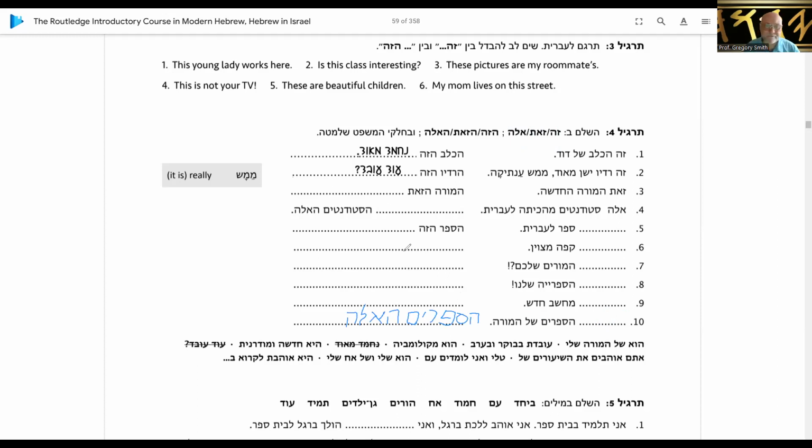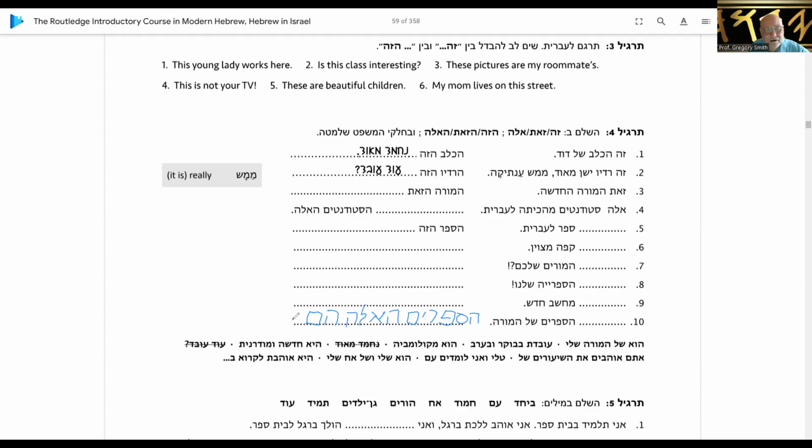These books, they, and we got to say they, him, they what? They are, how about difficult? Difficult to learn. Kasha lilamod. קשה ללמוד. Difficult to learn.